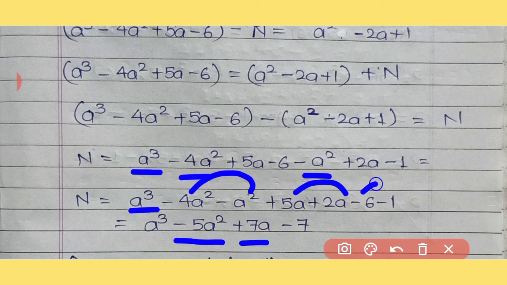And minus 6 and minus 1, both are negative terms, so they can also add, it became minus 7. So the number which we have to subtract from a cube minus 4a square plus 5a minus 6 is a cube minus 5a square plus 7a minus 7.